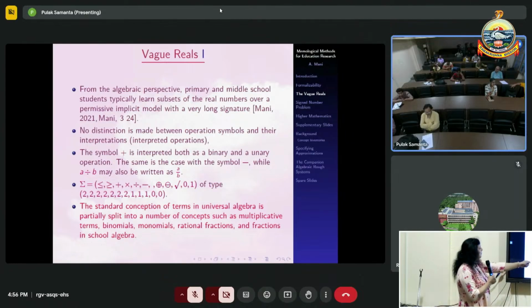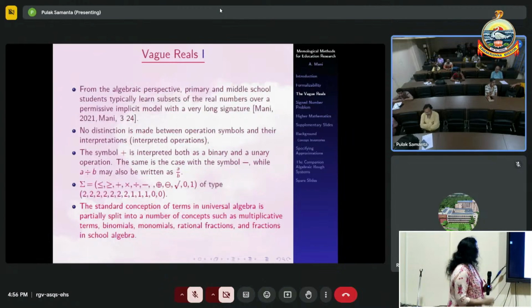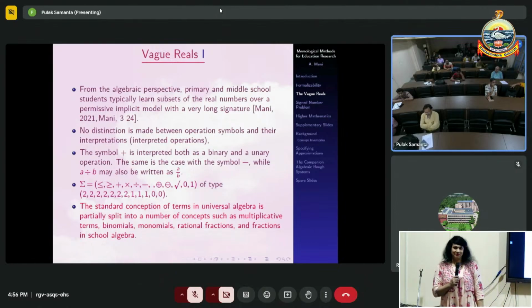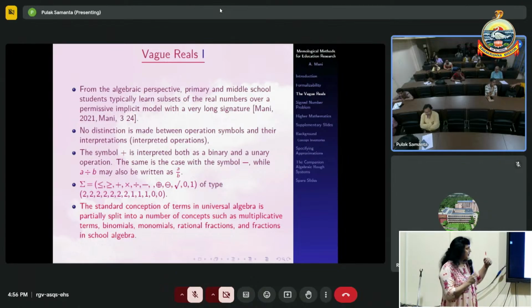So there are two symbols here, minus and minus. This is unary while this is binary. So I'm distinguishing between those two, and even this is regarded as a basic sign rather than as a derived thing, even though it's defined that way.